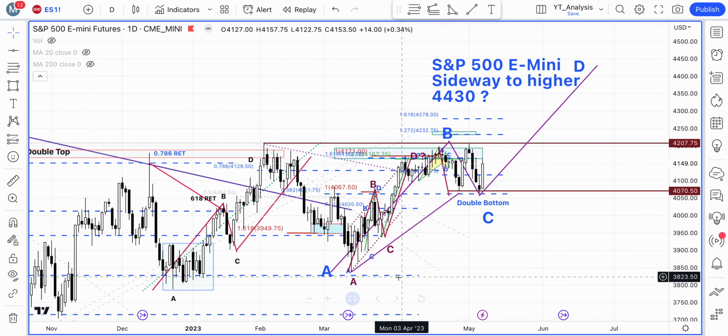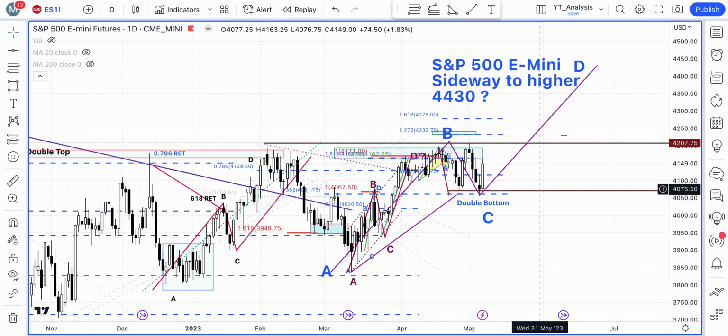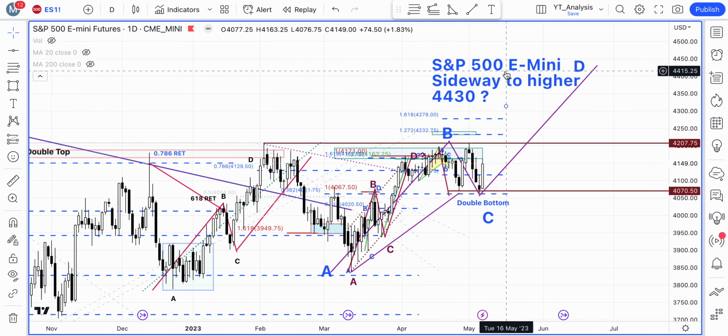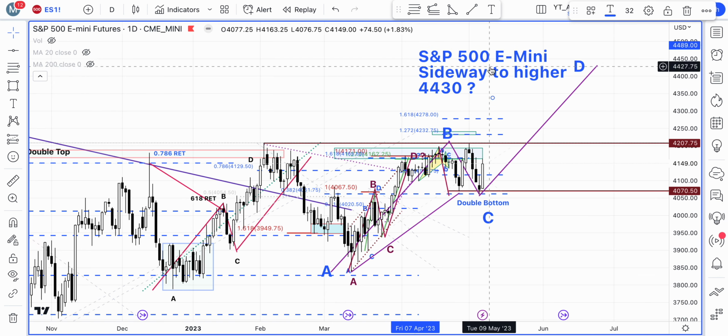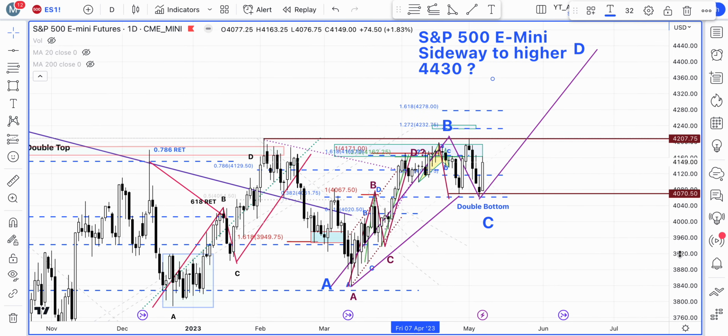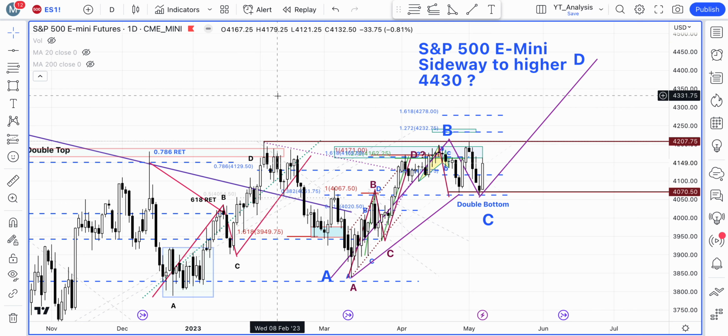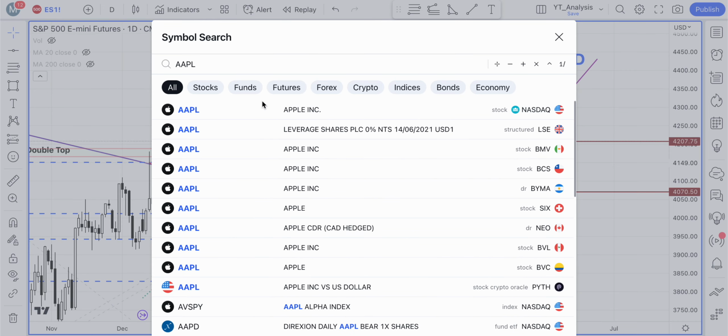And if this formation is moving in an ABCD formation, then we are looking at 44.30 to 44.50 as the possible next price levels to watch for, where the market would actually go and test these levels. While we are at it, let's quickly take a look at the Apple stock.